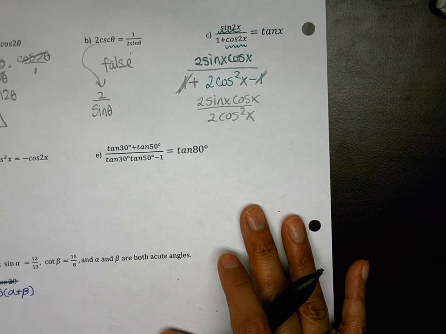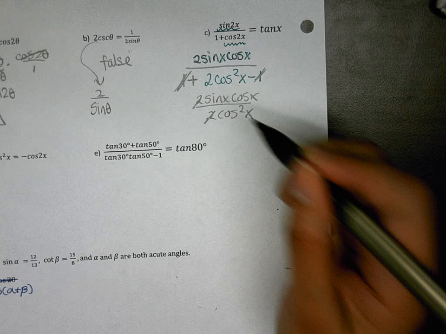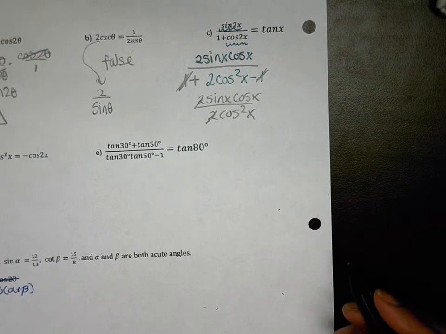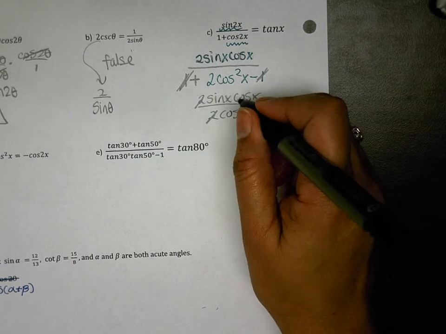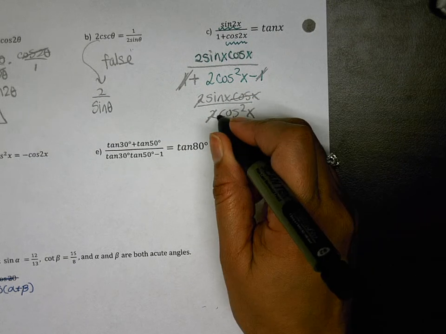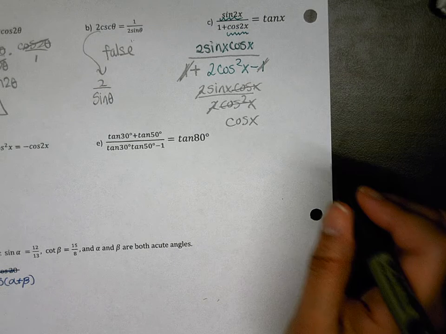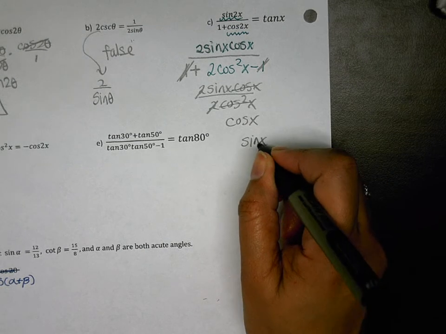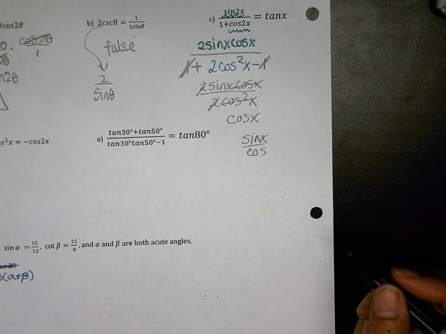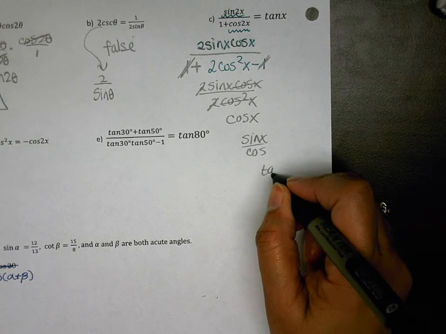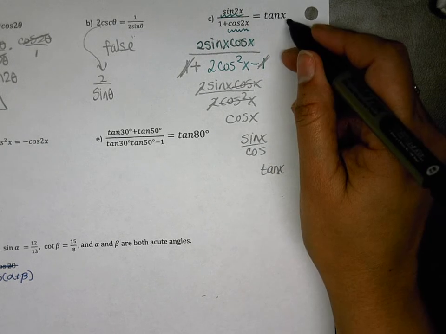Reduce not only the 2's, but what else? One of the cosines, the cosine at the top is gone, and cosine squared becomes cosine, and I'm left with sine over cosine, which is tangent x. And is that what we have on the other side? So true or false?